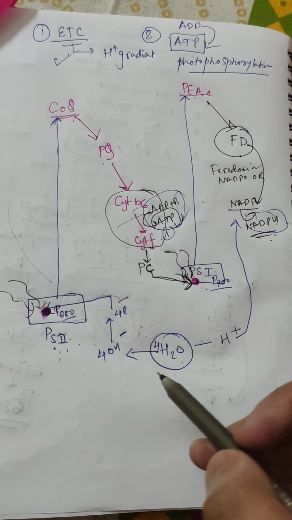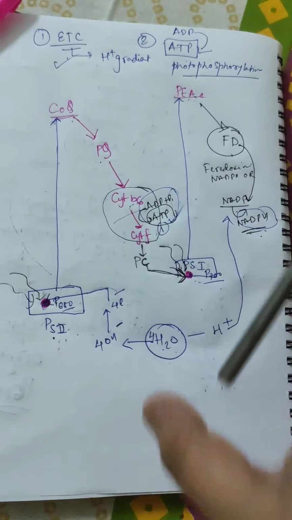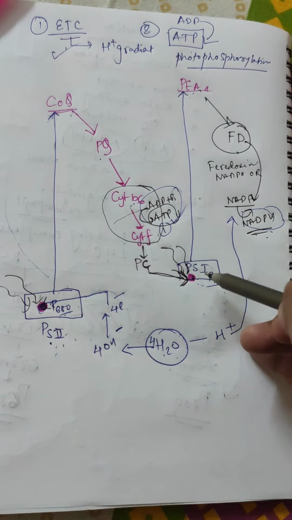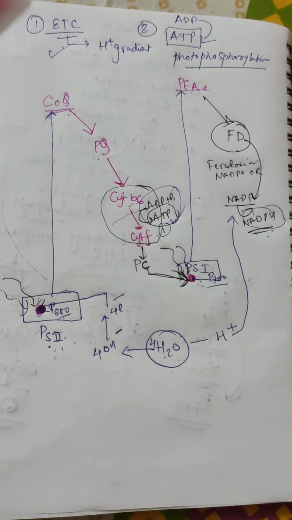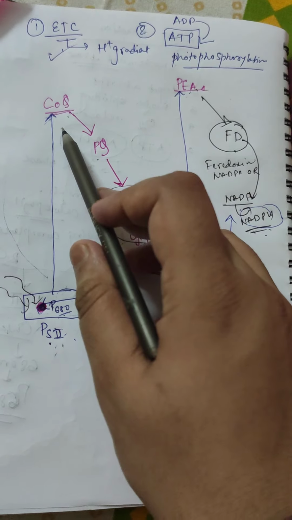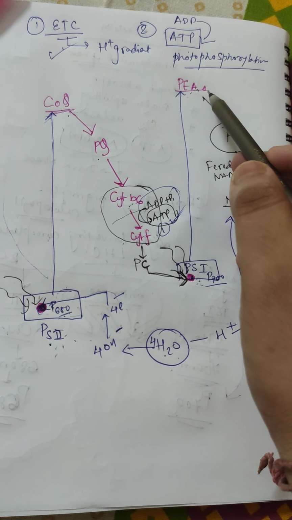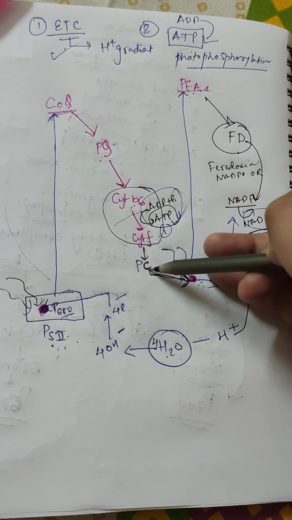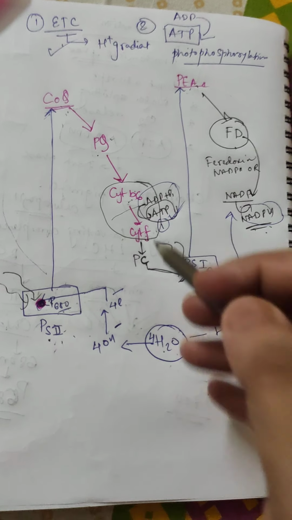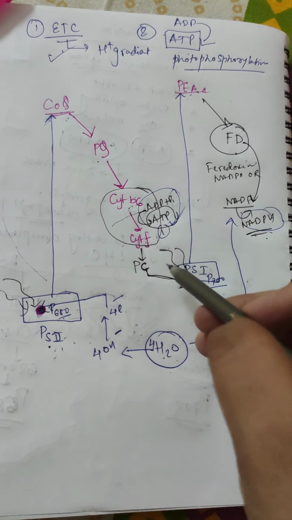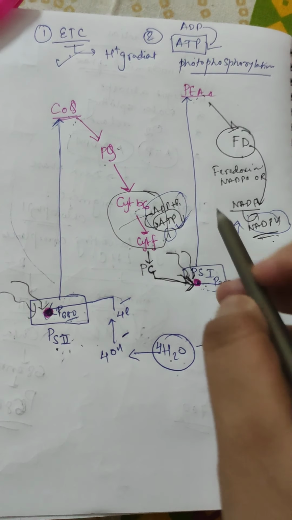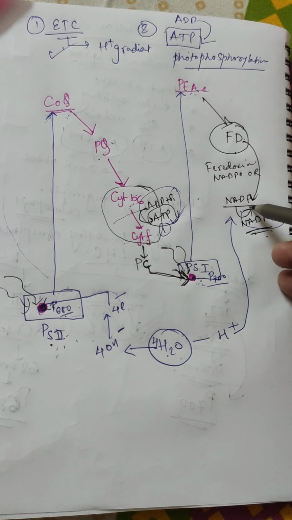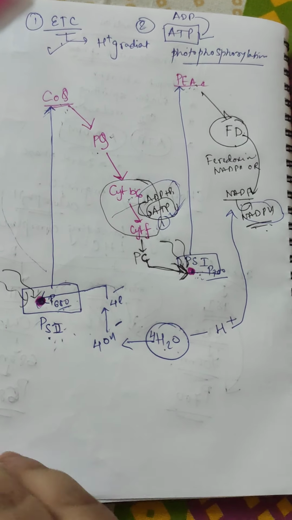Now let's have a look at the entire scheme. Photosystem 2 gets excited, and photosystem 1 gets excited. Each of them has its primary electron acceptor: over here it's CoQ, and over here it's primary electron acceptor 1. From CoQ it moves to plastoquinone, to cytochrome B6, to cytochrome F, to plastocyanin, and finally it appears as if from plastocyanin it moves to photosystem 1, while the electrons from photosystem 1 move to ferredoxin and are ultimately used for the reduction of NADP into NADPH.